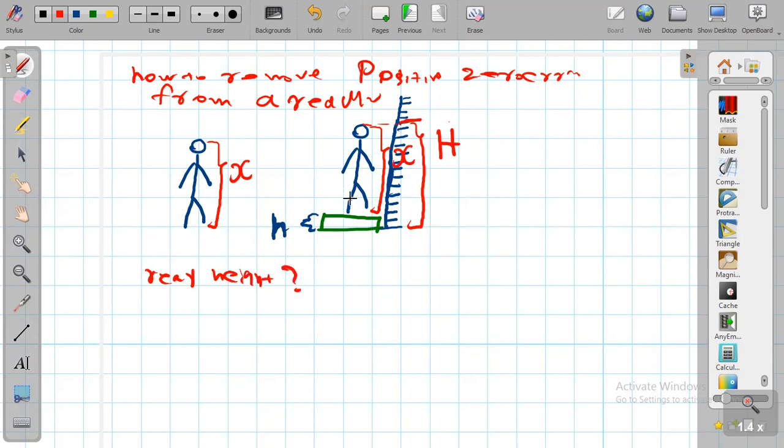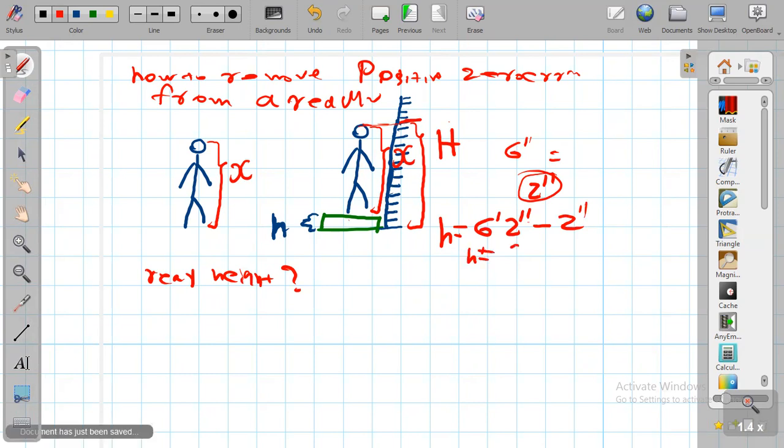Imagine this guy is 6 foot. But there is a certain wooden block over there with a height of 2 inches. Now his height is read as 6 foot 2 inches. Is that true? No. We have to find out his real height by subtracting this value from here. Then you get his real height as 6 foot only. Can you understand?